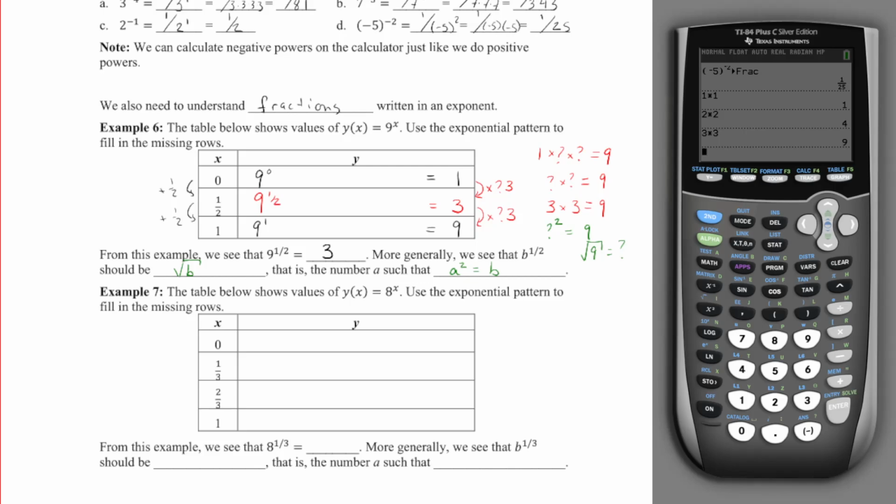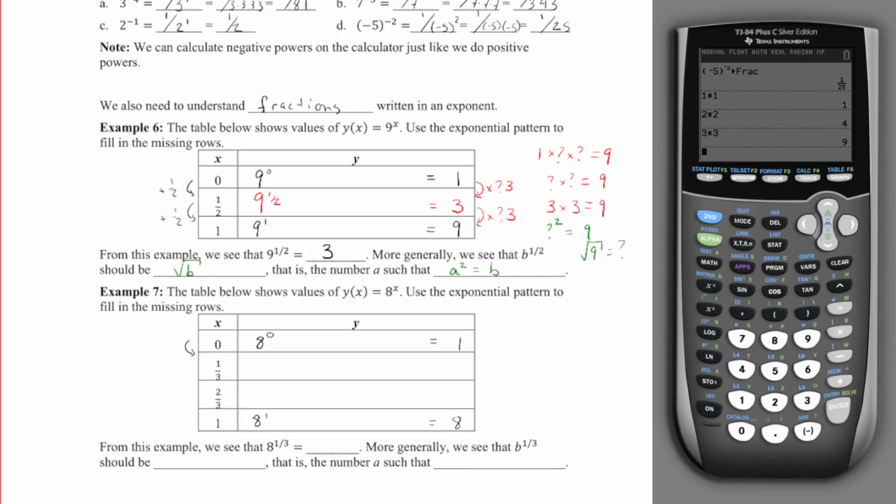What if we have a fraction that's not a half, right? Here we see another exponential pattern table. In the first row we're going to use y equals 8 to the x. So in the first row we have 8 to the 0, which is 1. In the last row we have 8 to the 1, which is 8.